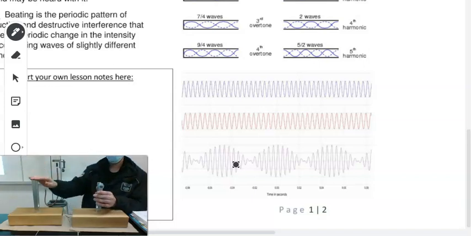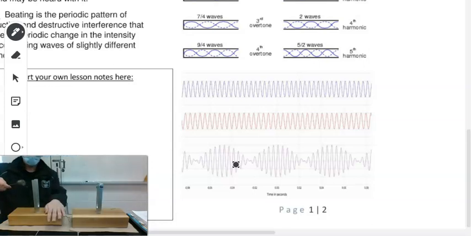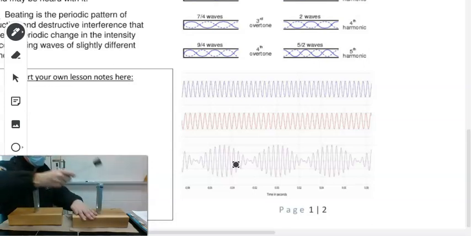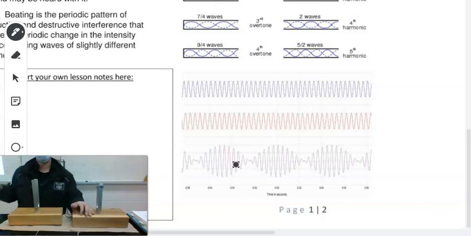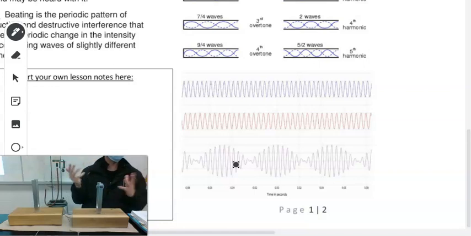Now I'm going to make them closer together so the frequencies are almost the same. And tell me what you hear. So in that case, wow, wow, wow. So there's fewer beats. Or you can say the beat frequency is smaller.